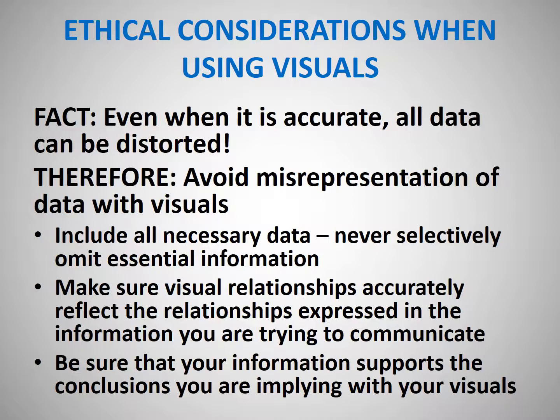So it doesn't conflict with it, and this may seem obvious, but the fact is I have had to tell students that I'm looking at the graph you included here, and it seems to me that the information on the graph is conflicting with what you're saying in your argument.